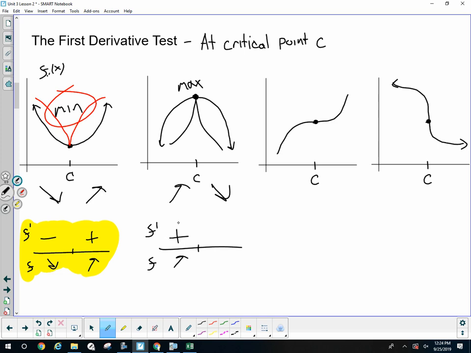If the sign of my derivative is negative, I know my function is going down. We will attempt to produce something like this given a function, and it'll tell me that I have a max. And it doesn't matter if at this critical point c, you are 0 or undefined.